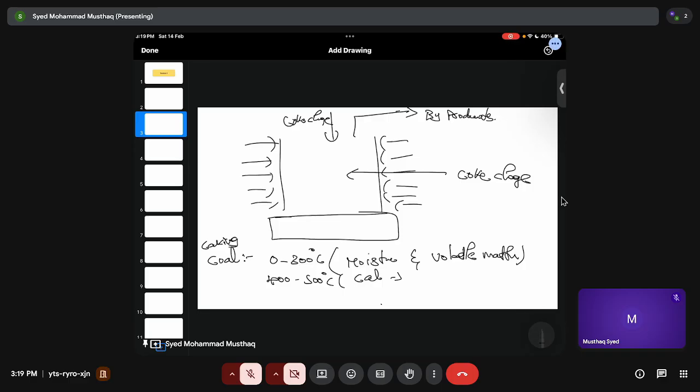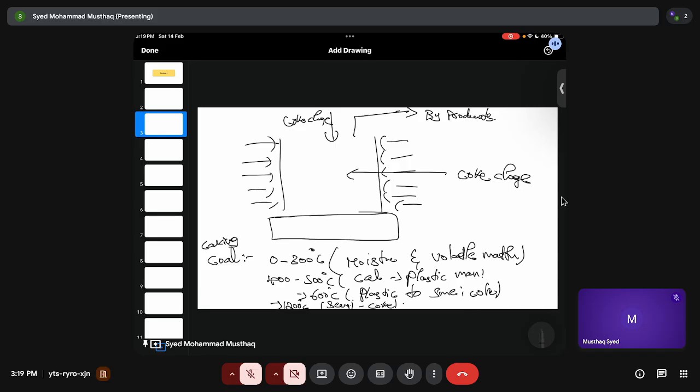Above 600 degrees centigrade, it starts converting from plastic to hard, or semi coke, which has some hard points and some plastic points. And if you reach 1200 degrees centigrade, everything becomes coke, from semi coke to coke.